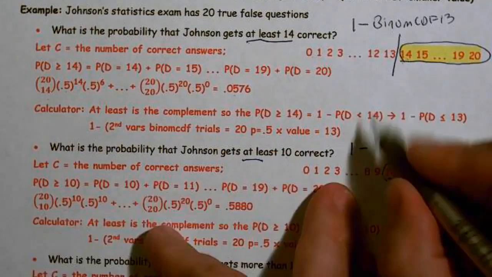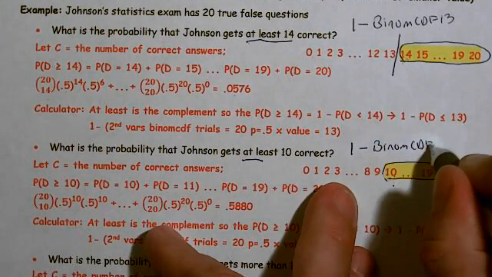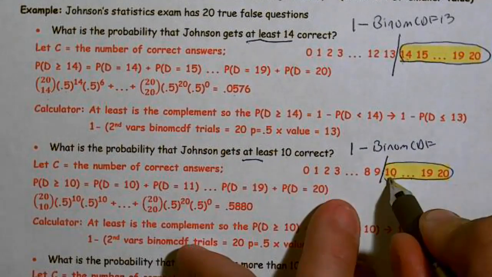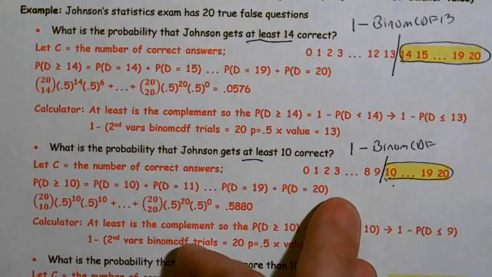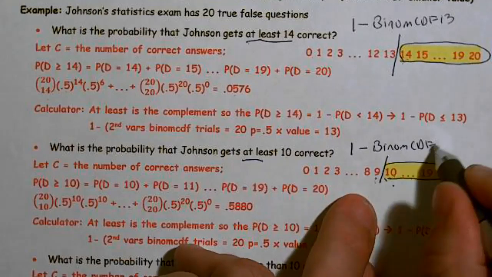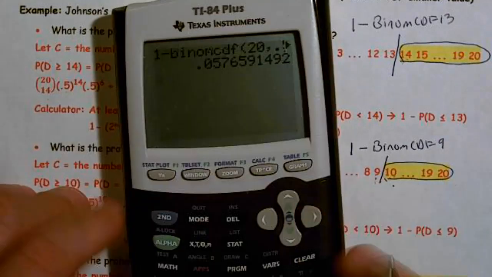So 1 minus binom CDF, and the lowest value I wanted was 10, so we always subtract out the highest that I don't want. The highest that I don't want is 9. So 1 minus the binomial CDF of 9.